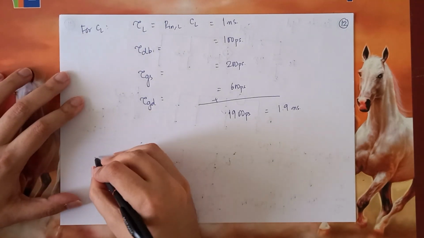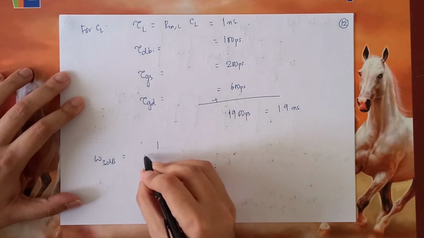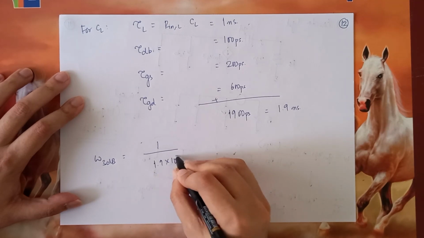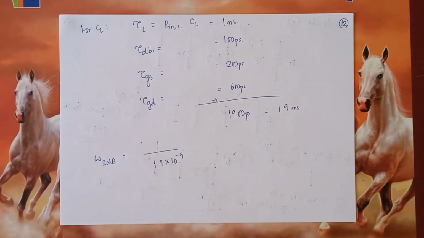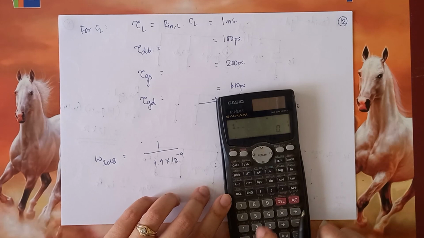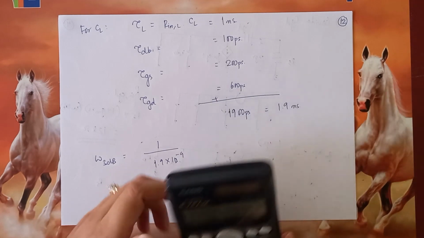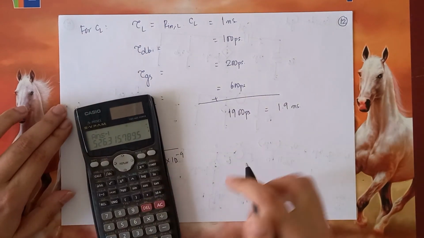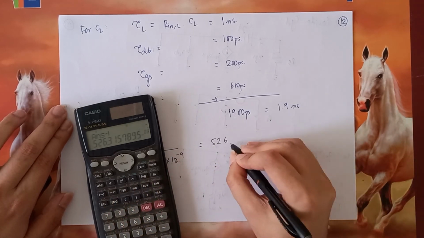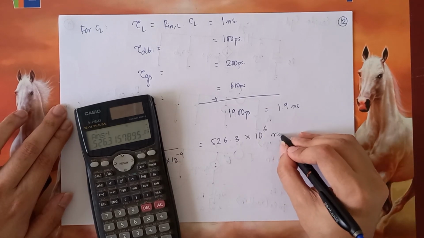So therefore, the omega 3 dB is equal to 1 by this 1.9 into 10 raised to minus 9. So if I take my calculator and punch this in, this comes out to be roughly 526.3 into 10 raised to 6 radians per second.